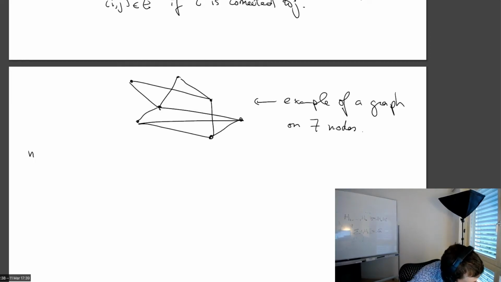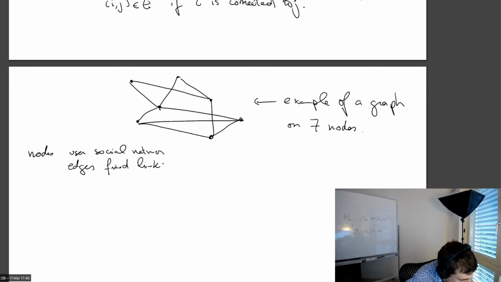You can think of examples. Nodes can be users in a social network, and edges can be friend links. This is called a social network, or the graph of a social network. Another example: proteins can be the vertices, the nodes, and edges can be interactions, an edge present if the proteins interact.